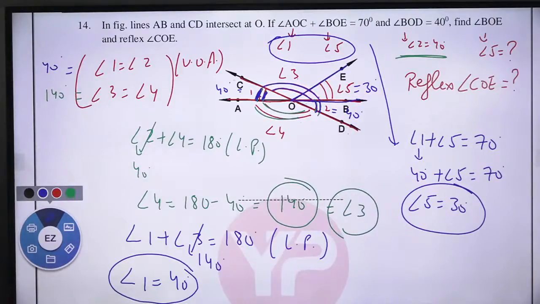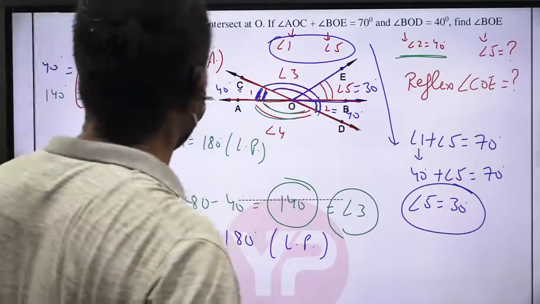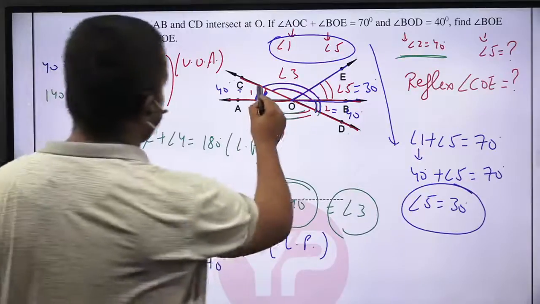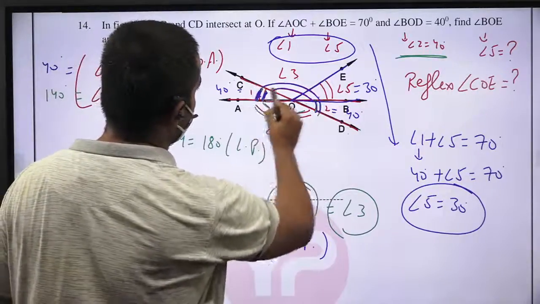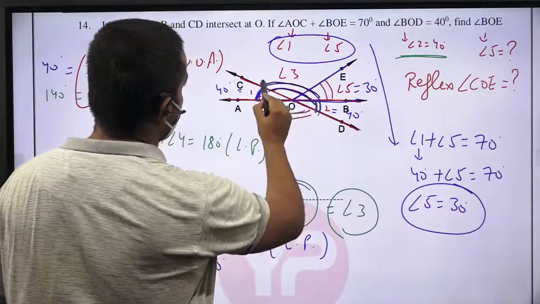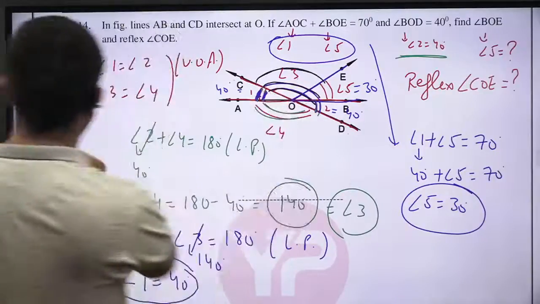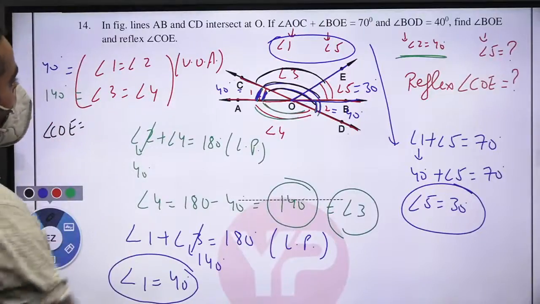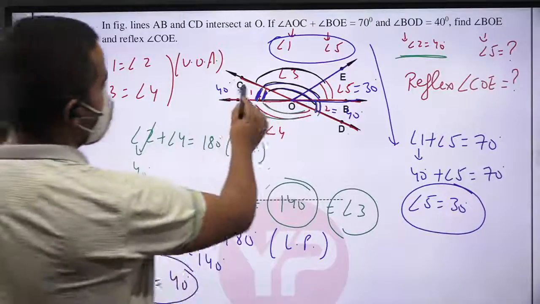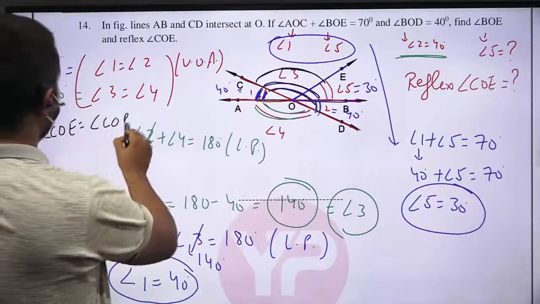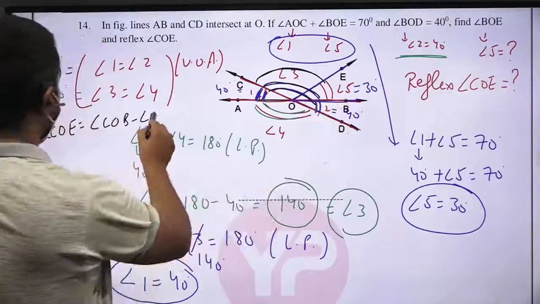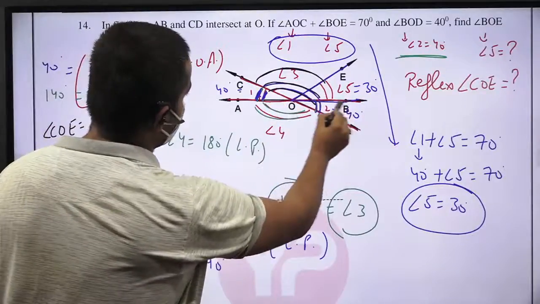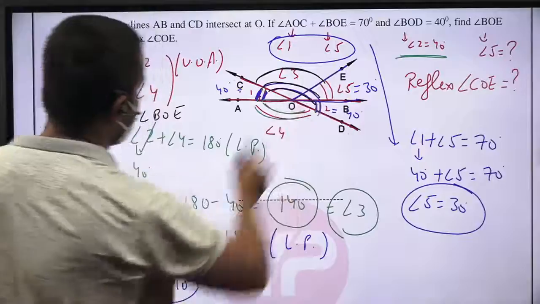Yes, reflex angle COE, we need to find out. So this is angle COE, CO is this. So angle COE can be written as angle COB minus angle BOE.